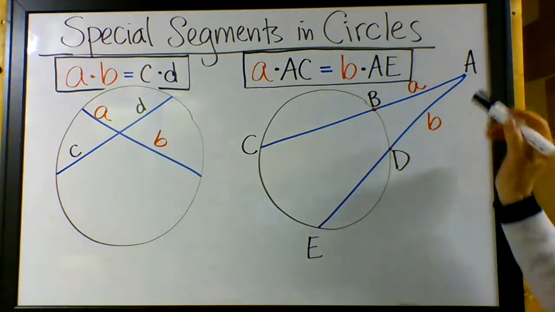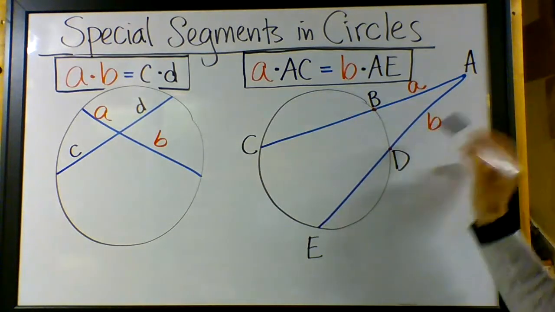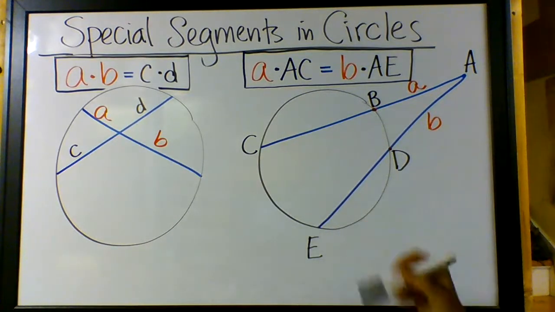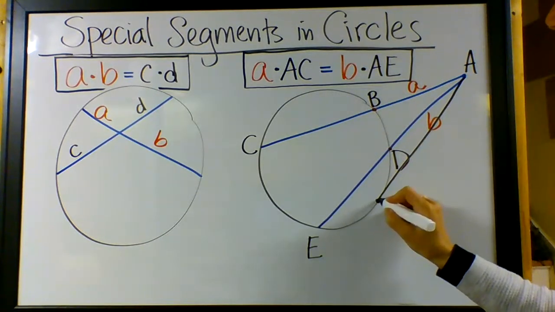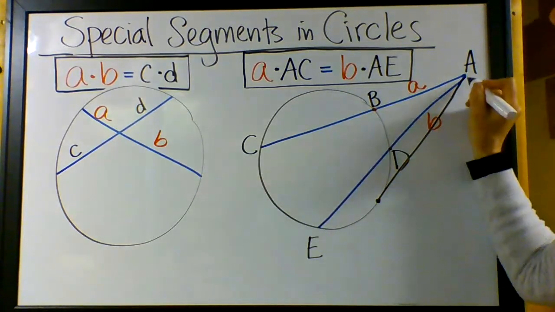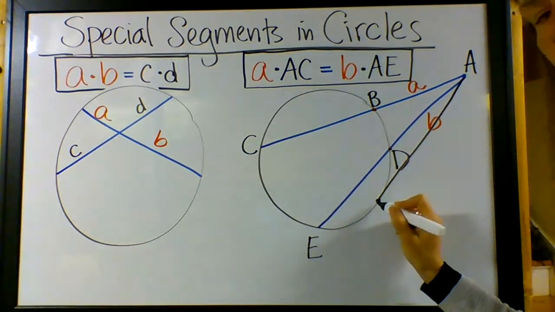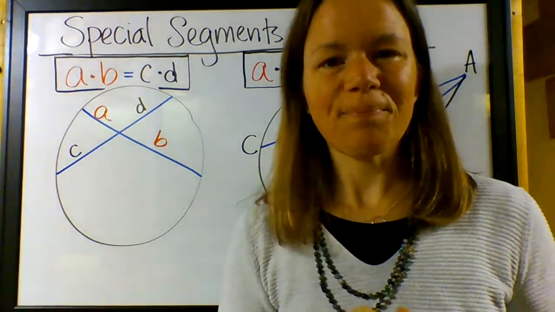And then with secants, we've got the outside times the whole thing equals the outside times the whole thing. Or with a tangent, like if I made a tangent here to the circle, then it would be the outside times the whole thing equals tangent times itself. Okay? So please do the problems.